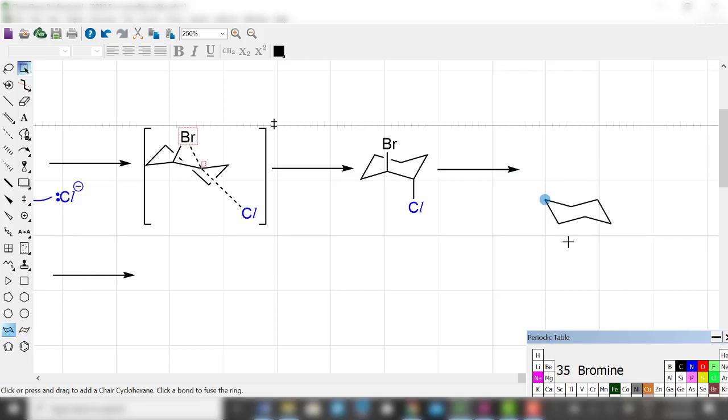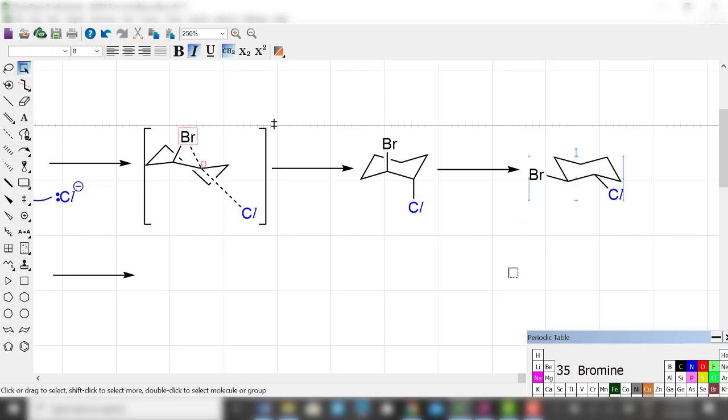Upon doing a ring flip, you would expect the Cl to be here, and then the Br to be here. So this is likely to be the final product that we are looking at the end of the day, after the ring flip.